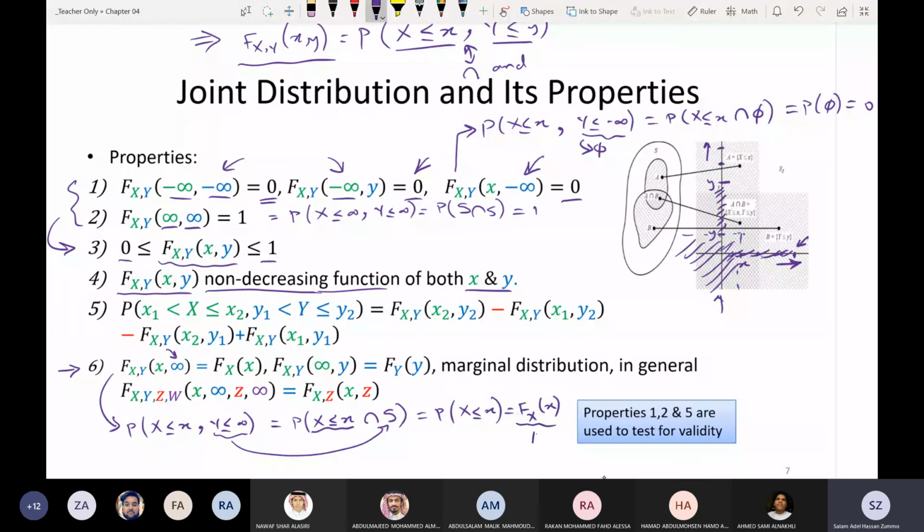Now, this is called the marginal CDF, or marginal distribution.